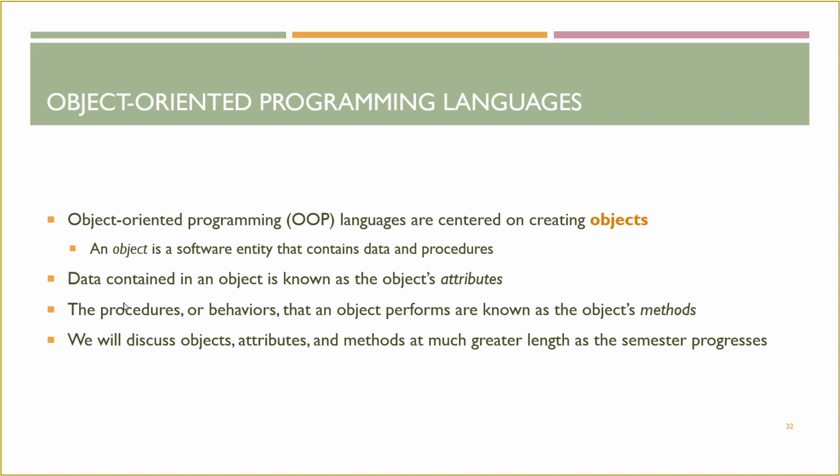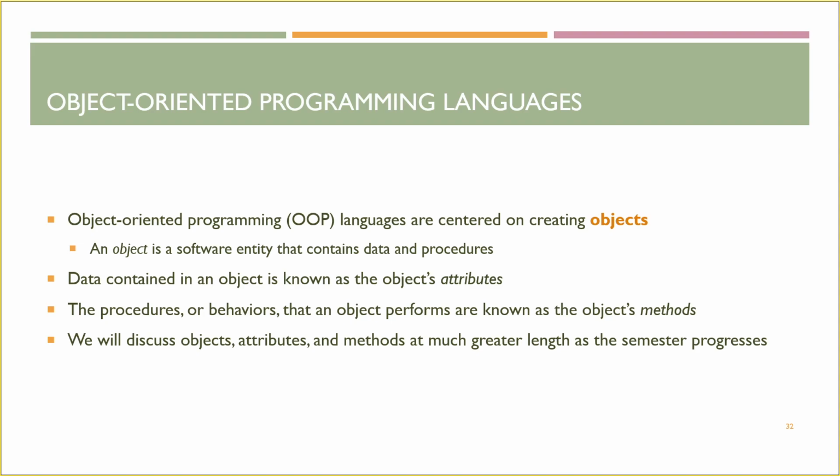The other thing that we like in objects is procedures, right, or behaviors. And these are things that the object performs, that the object can do, and we call that the object's methods, right? So attributes and methods are the important things in object-oriented programming. What actions might we want a student to perform? Well, maybe we want them to check their GPA.